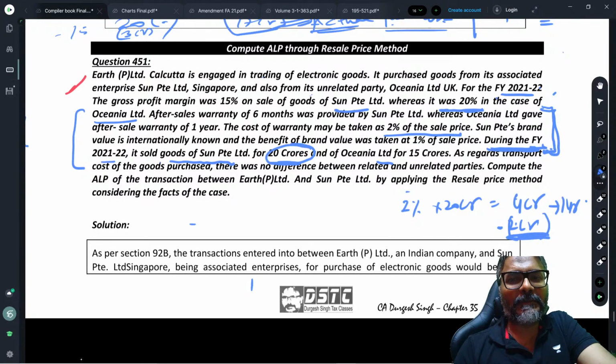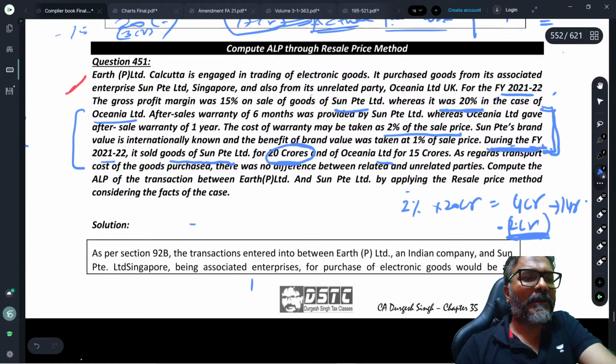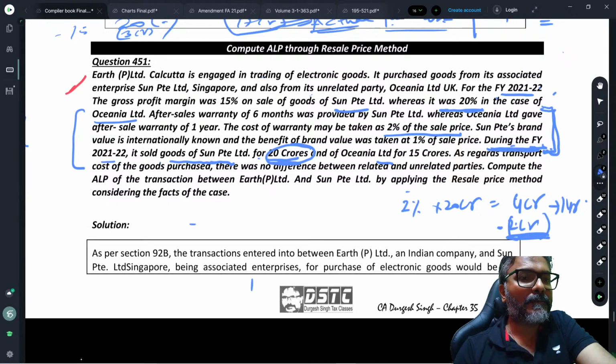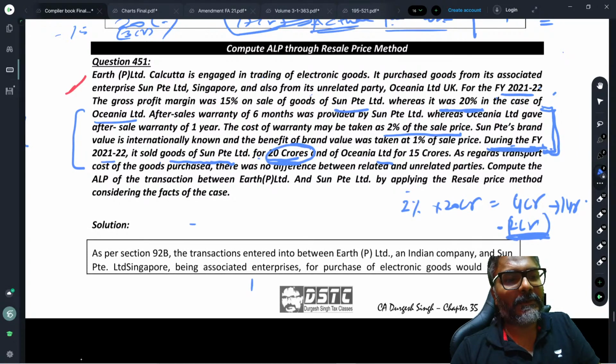After that, students, during the financial year 21-22, it sold goods of Sun PET Limited for 20 crores. So can you see this one? This is for 20 crores, students.